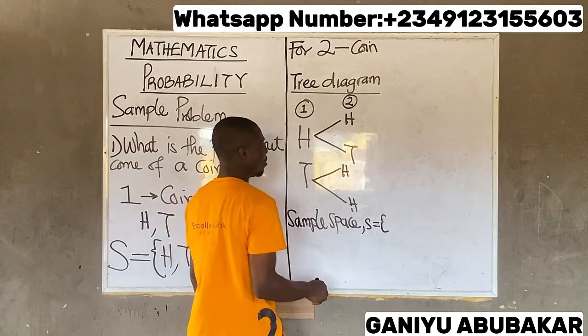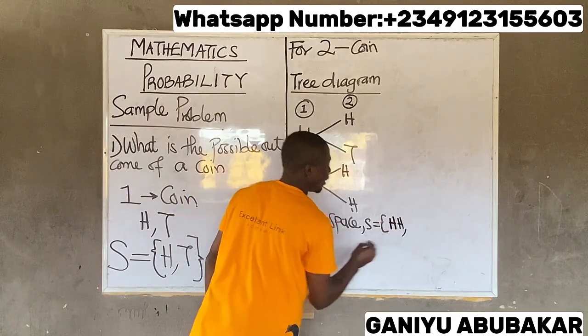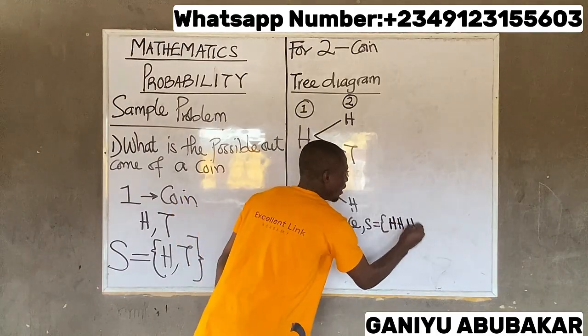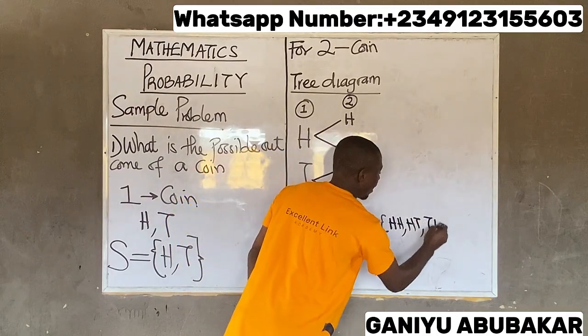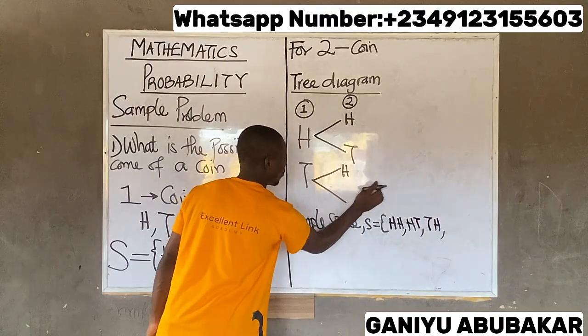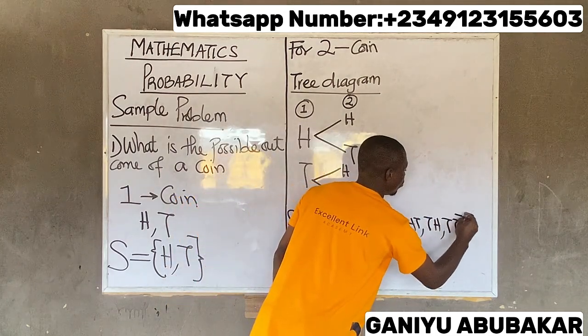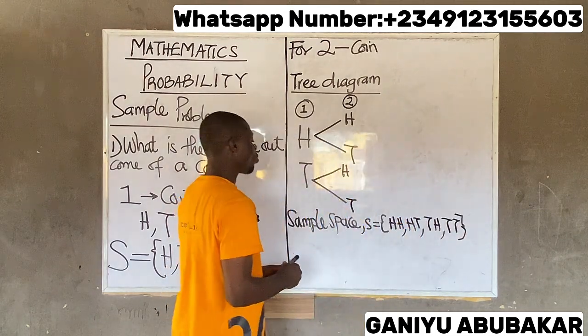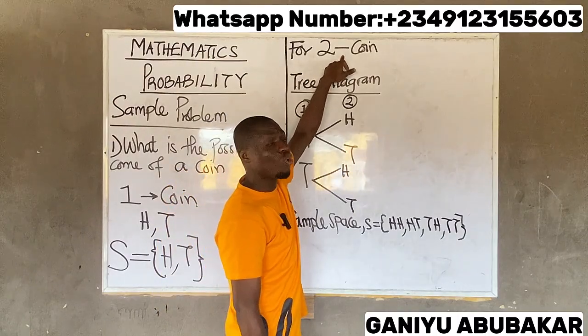Tail and tail. So for two coins, what is the total outcome?